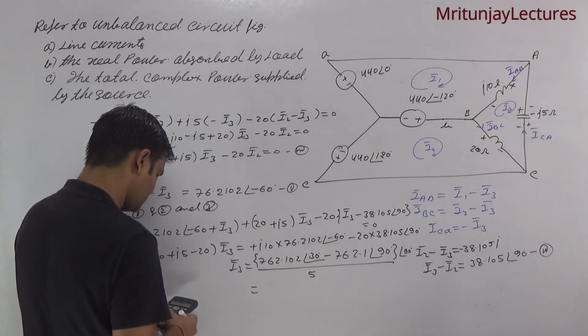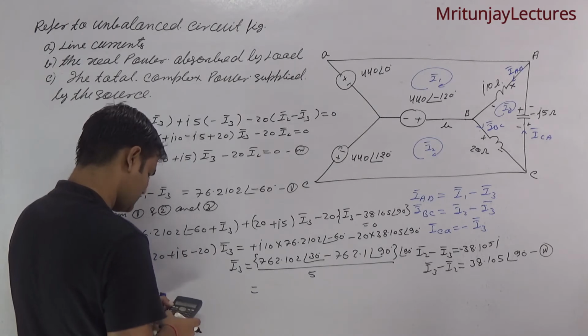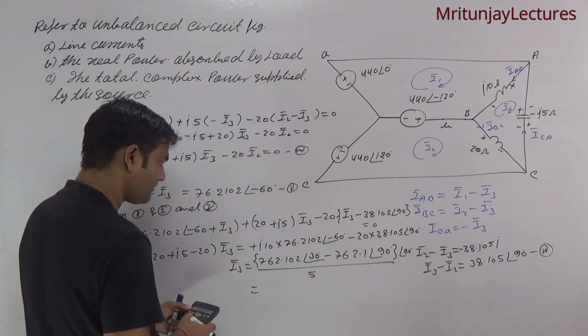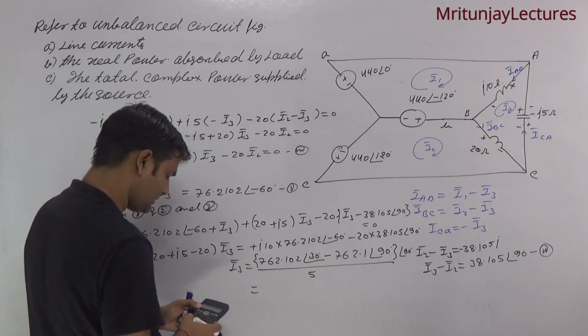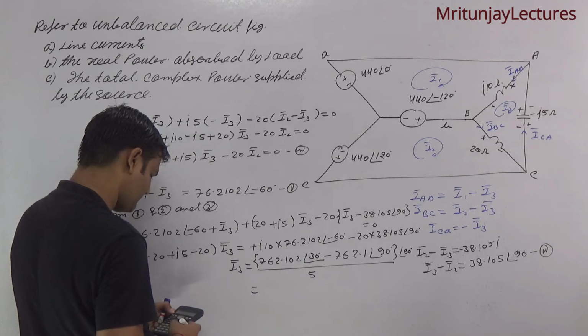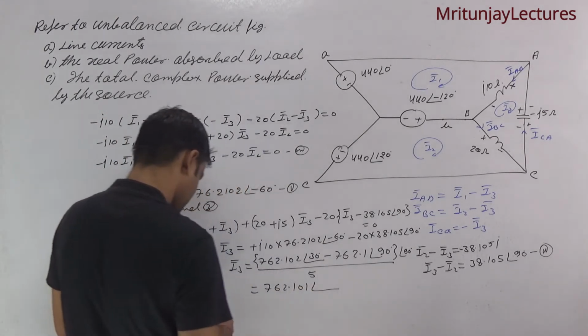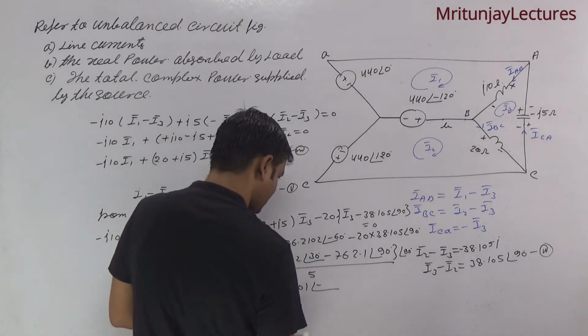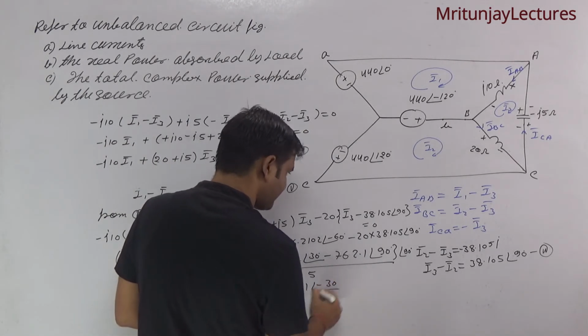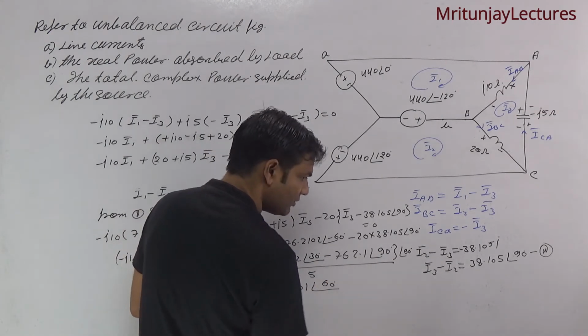After solving this, we got 762.101 at the angle minus 29.2, meaning 30 plus 90, we got closer to 60 degree.